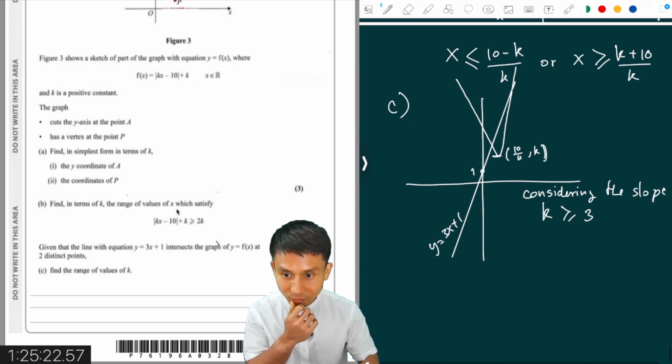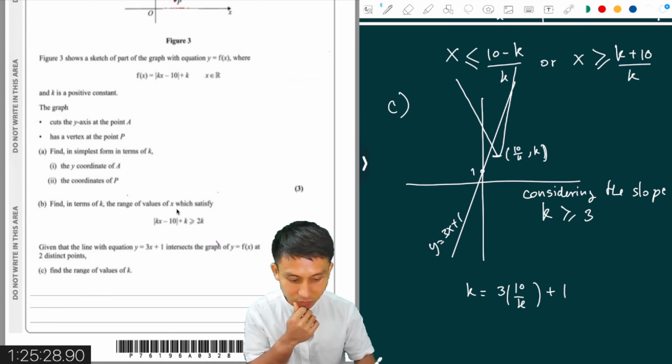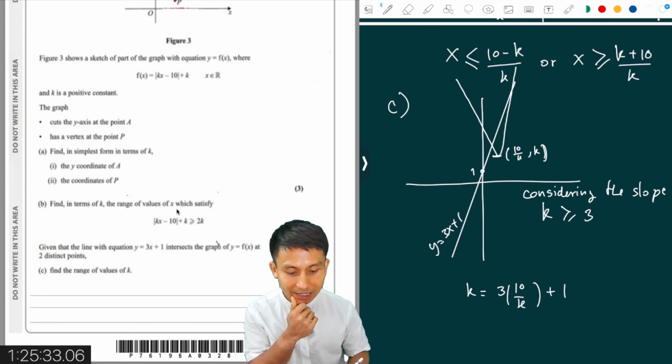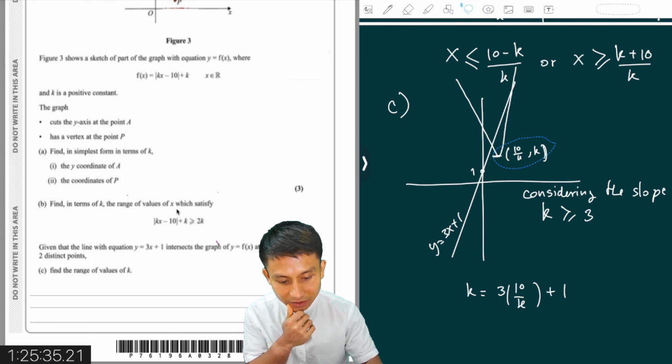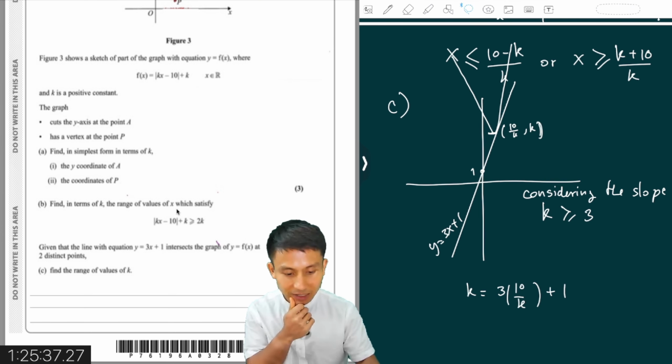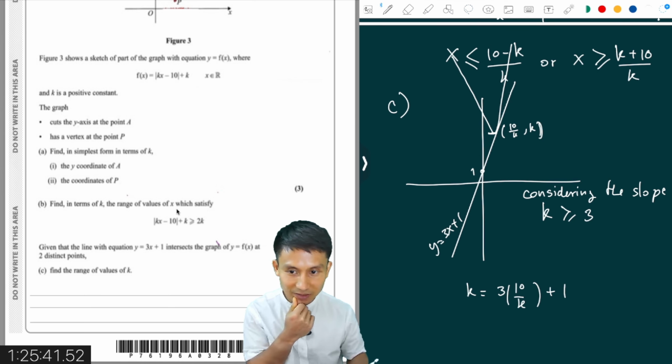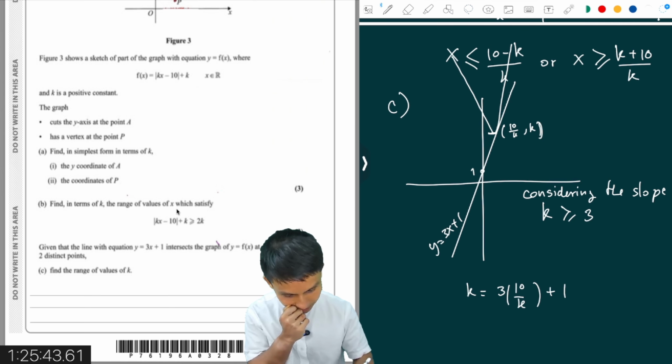So if we bring the line equation, we put y as k and x as 10 over k plus 1. This is at critical. We make them meet each other here at this point first. And we're going to say that k has to be below that, right? So what is k here? Okay, this is quadratic.